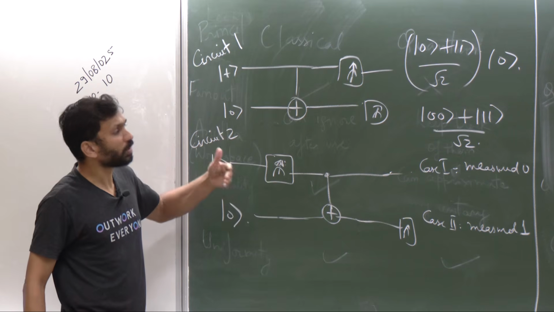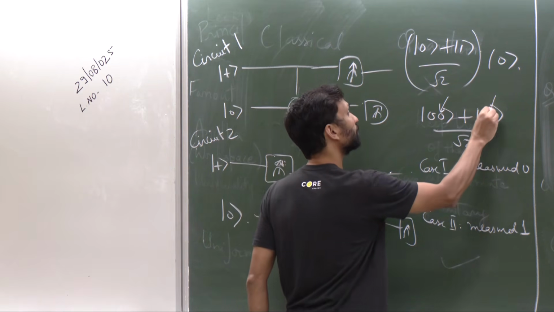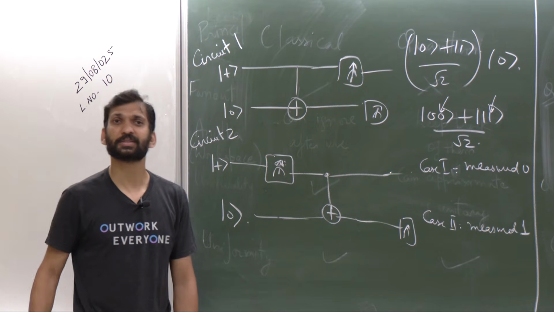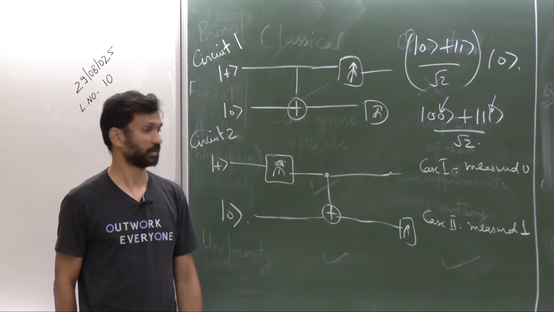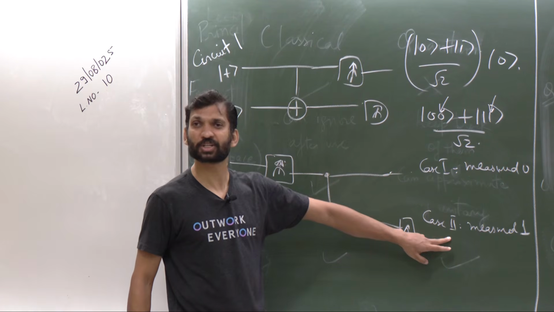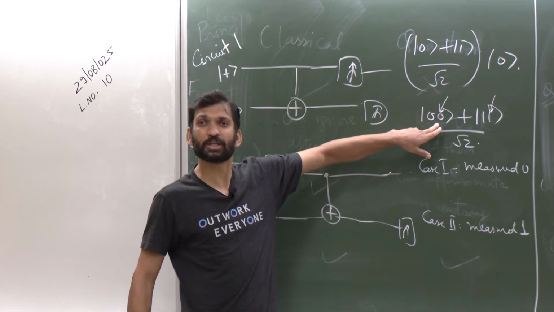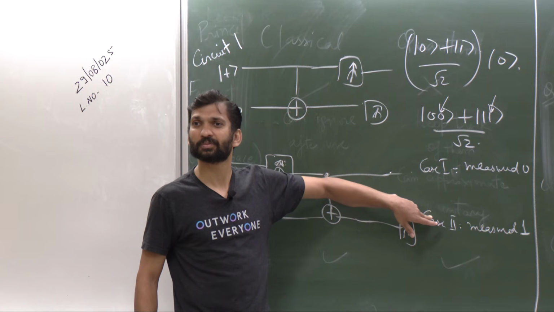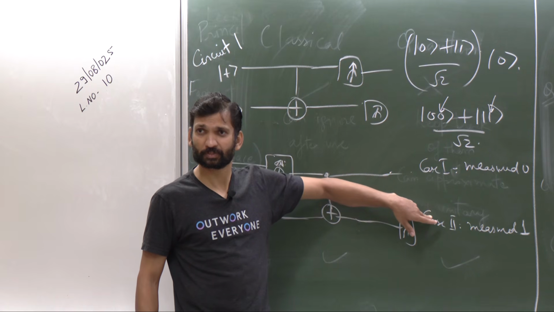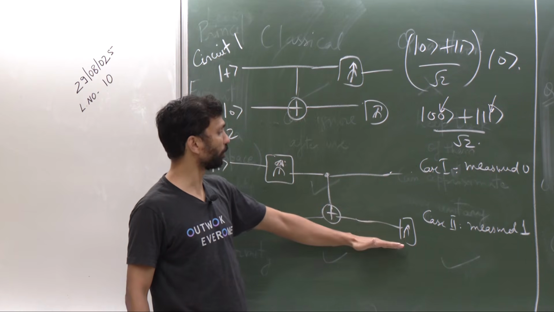By C0, what I have done is, I have actually copied the measurement output in this state. I had two cases here, measured 0, measured 1. So instead of making the case, now the second qubit will tell me whether I am in case 1 or case 2.